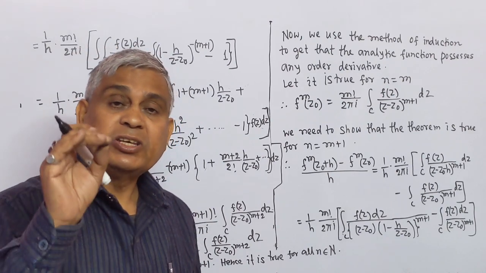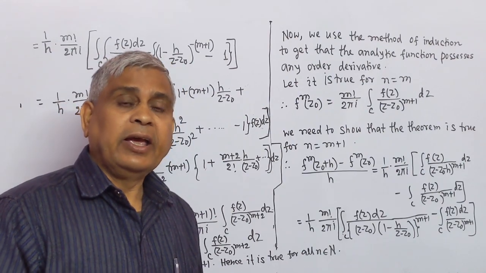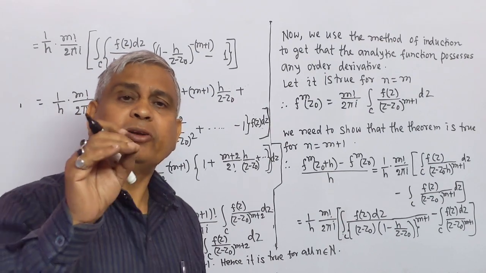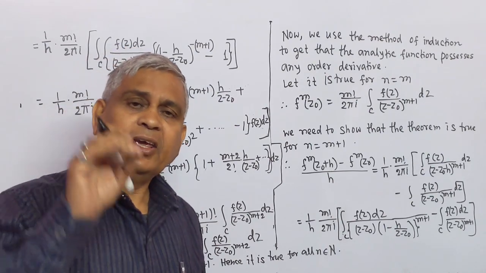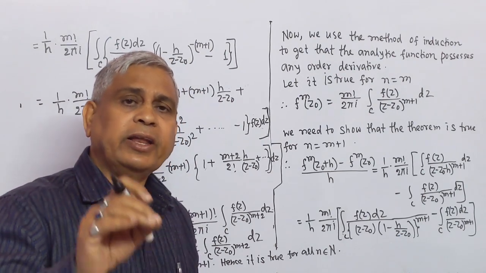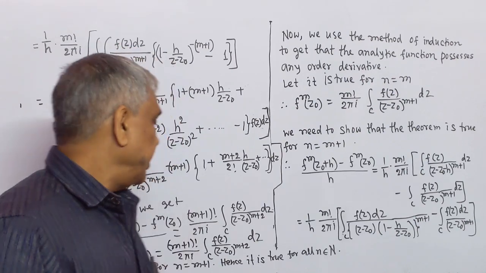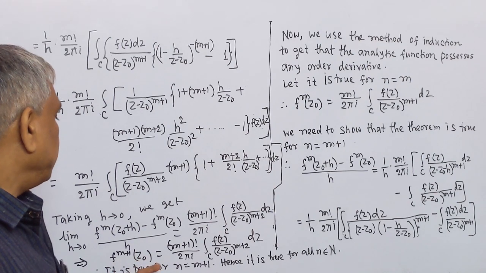Therefore we see that we are getting any order derivative at any point z equal to z0. That means in each case any order derivative is an analytic function, and we get the result for the m plus 1th order derivative.